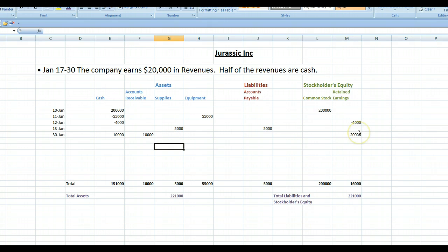We had $20,000 in revenue, which increased retained earnings, and we had $10,000 in cash, which increased the cash account, and $10,000 accounts receivable, which increased our accounts receivable. Our accounting equation is still in balance. Total assets are now $221,000. Total liabilities and stockholders' equity are also $221,000.